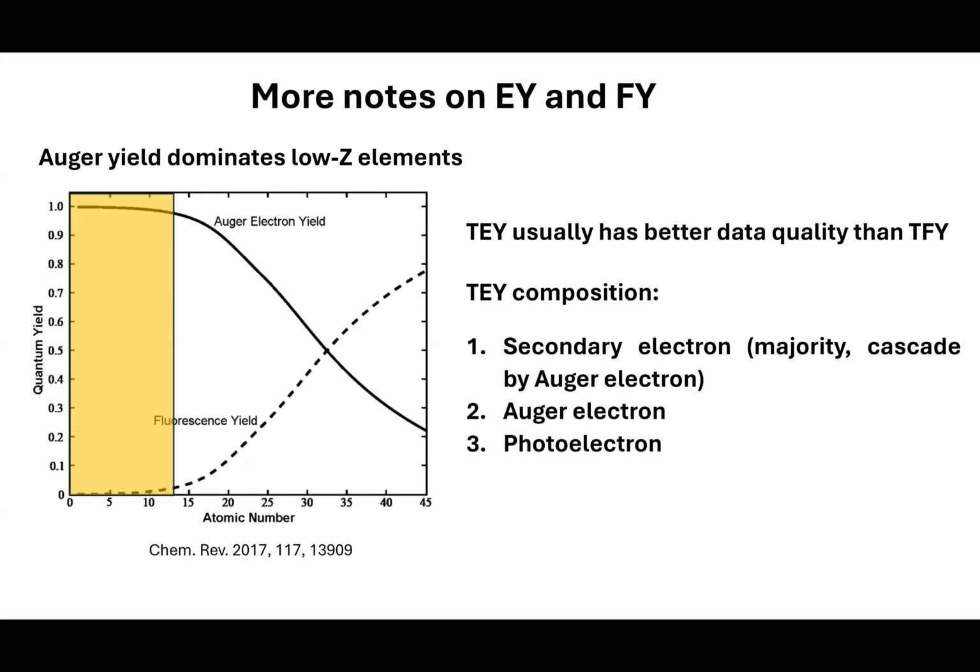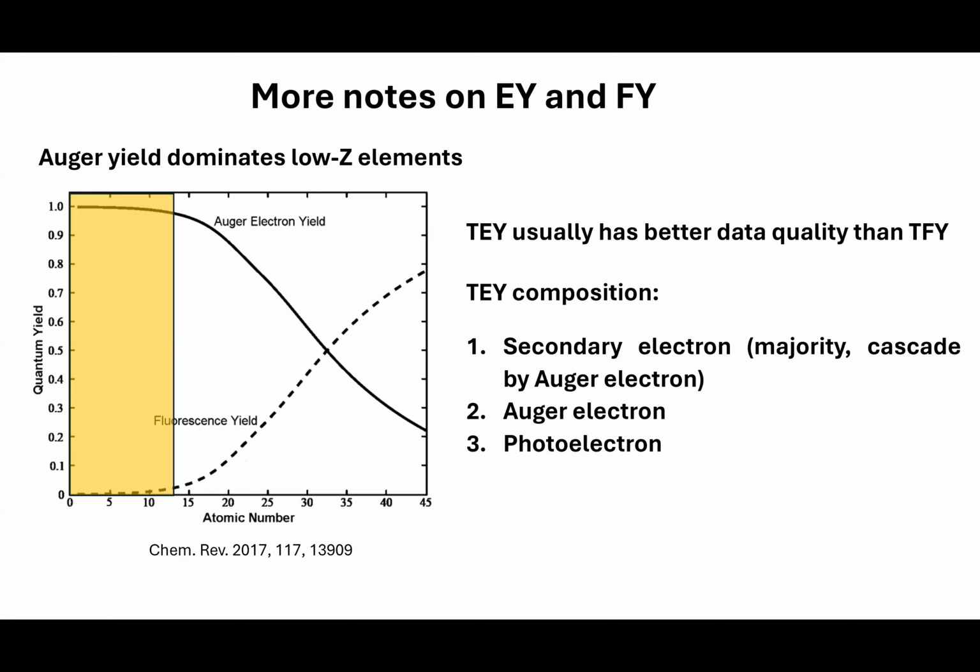Also, I want to mention the discussion I had with Sharp the other day about trying to link the fluorescence intensity with the abundance of elements, right? What I mean is, in general, sometimes we feel, okay, if the fluorescence signal is high, then it means the abundance of this element should be high, right?